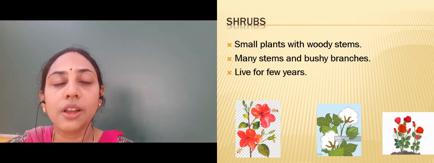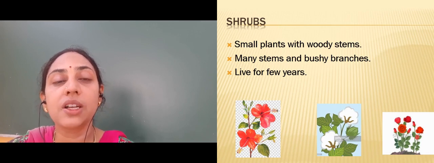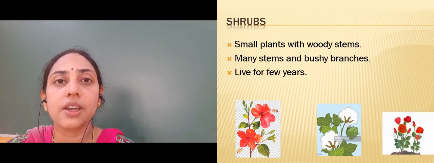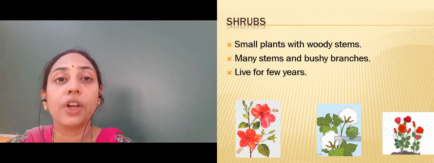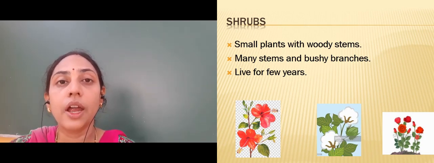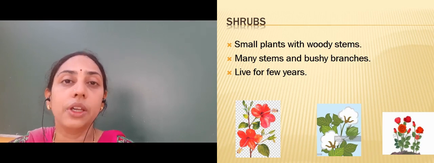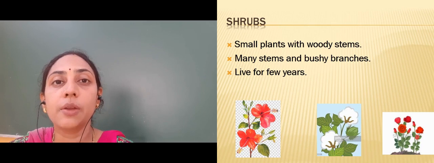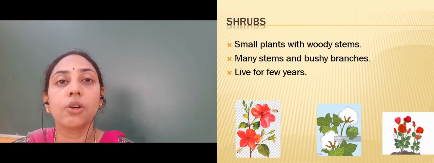How does it look? The same way these plants also look. Just by seeing them we can understand that they are bushy, as they grow very near to the ground, and they grow for a few years. Even in some shrubs there may be thorns or spines also.